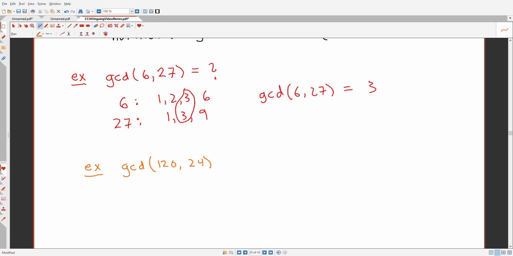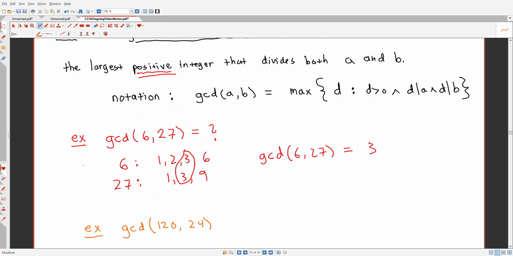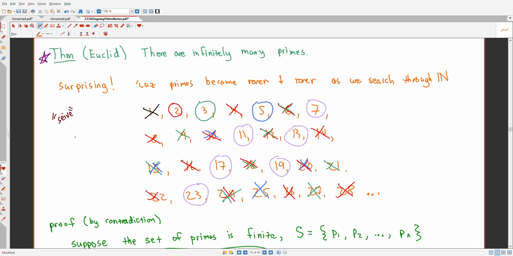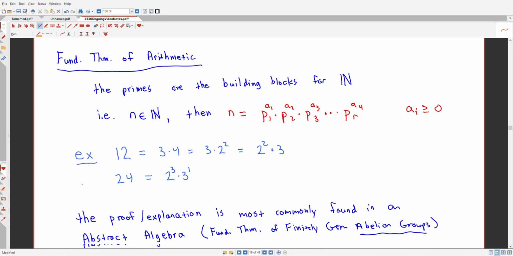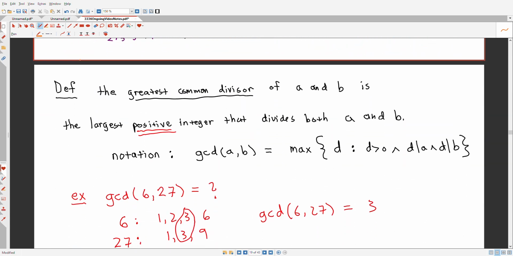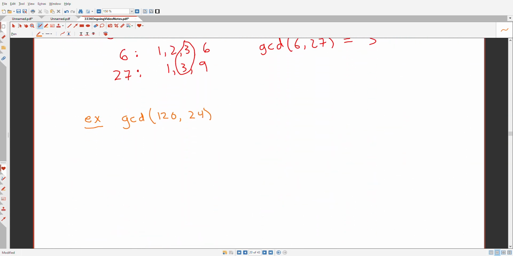And so again, I could write down all the divisors of 120, make a big list of all those positive divisors, write down all the positive divisors of 24, and then circle the biggest one. There's a slightly shorter and similar way to get this number, which is, let me scroll up, to use or think about using this fundamental theorem of arithmetic. Rather than writing down all the divisors of 120 and 24, let me just write down their prime divisors.